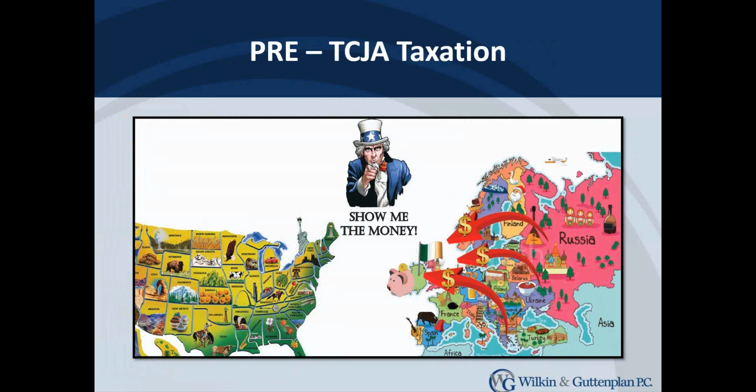So just to give us a little bit of an overview of the current U.S. tax law prior to the enactment of the Tax Cuts and Jobs Act. As we all know, U.S. individuals and businesses are taxed on their worldwide income as they earn it. This includes U.S. earned income and foreign source income. One exception to the foreign source earned income being taxed is if that foreign source income is in a foreign corporation.